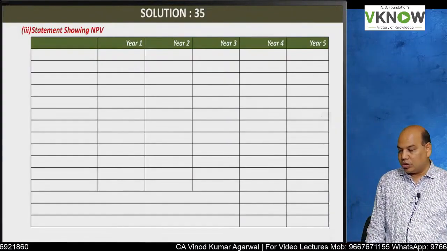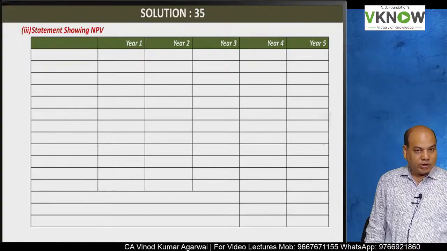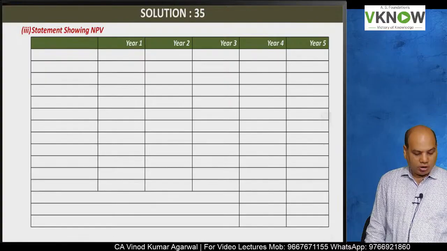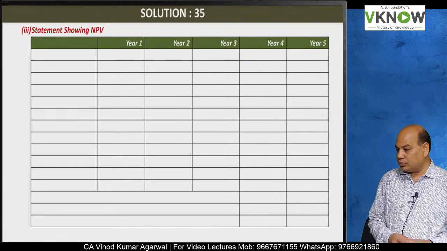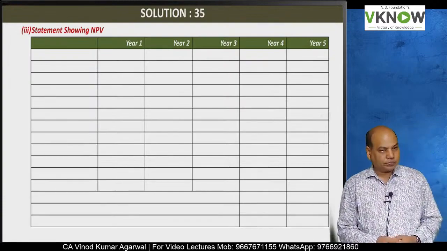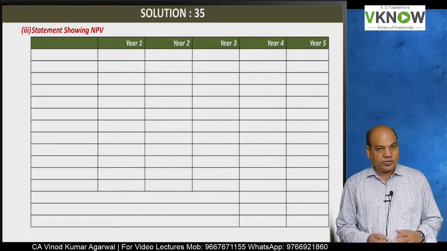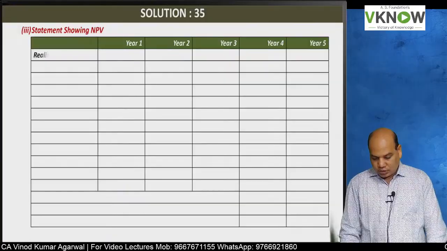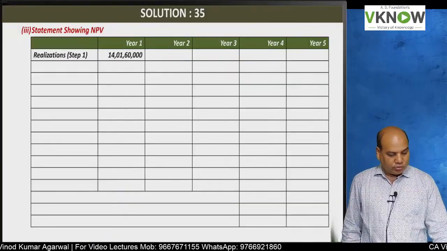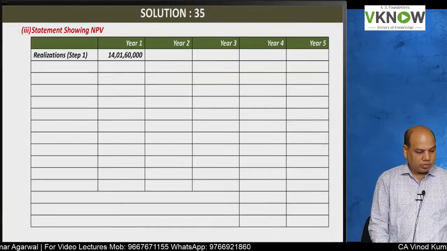Right hand side 5 columns: year 1, year 2, year 3, year 4 and year 5. If you have a scale, you can draw the lines. First you have to write realization, means revenue.